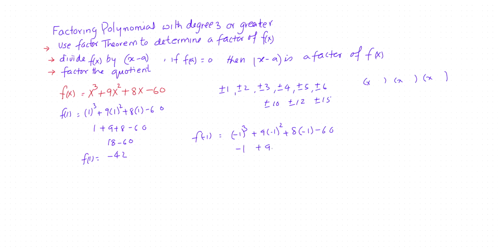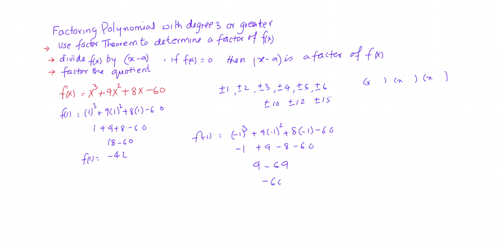So we know now we'll not get 0. So what answer will you get? Let us see. We get negative 60. So this is also not a factor because we are getting some value, not 0.